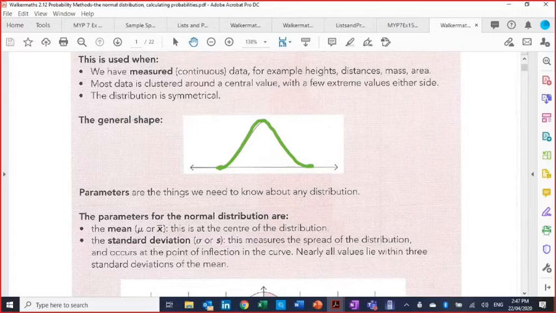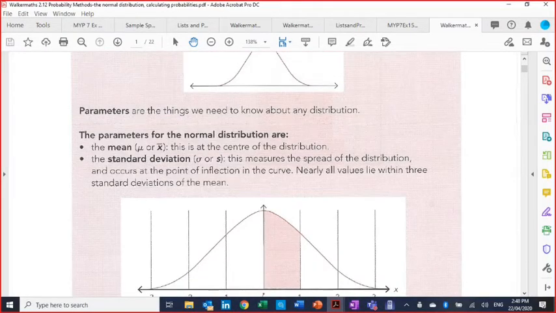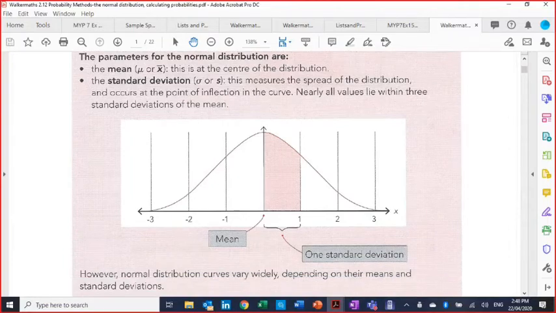So let's talk about some of the pieces of the normal curve, the normal distribution. Here we have a very standard normal distribution, and we have a couple of pieces that you need to be aware of. The line that cuts down the center of the distribution is the mean of the data. The mean can be written two different ways.